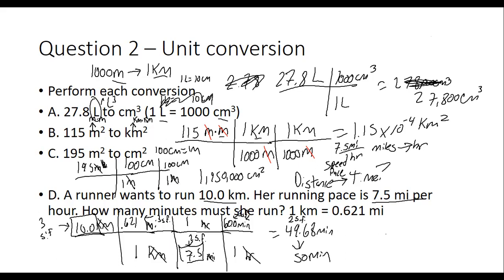So the Sig Figs are infinite. Something like I want to run a certain distance or my speed is that, those do have Sig Figs to it. So yeah, generally you want to look at what's given to you. Ignore the conversion factors for Sig Figs.